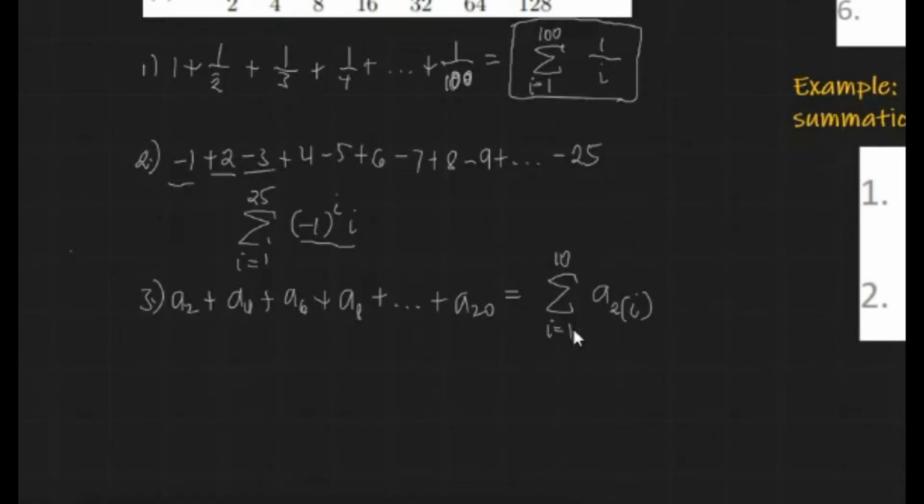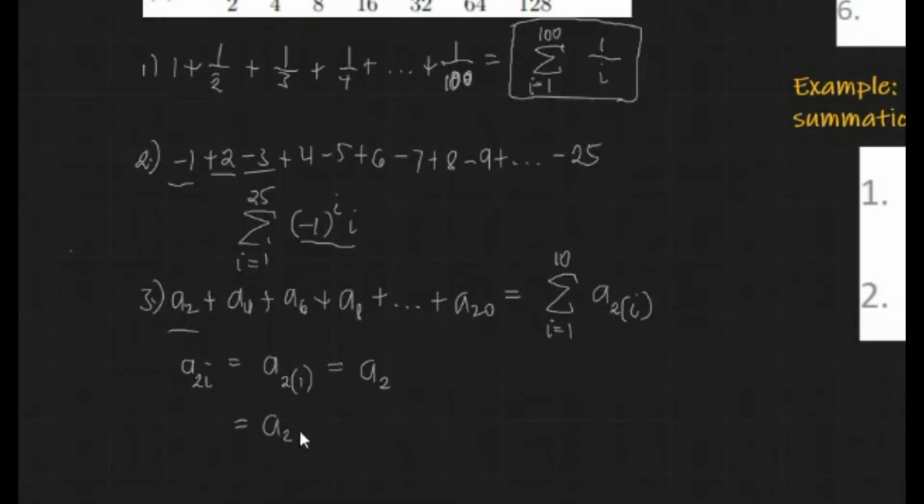Okay? O, try natin to. Try natin siyang sagutan. Let's have the first term kung tama ito. A sub 2 times i is equal to A sub 2 times 1, and this is A sub 2. So, tama tayo. Next, yung 2 naman.